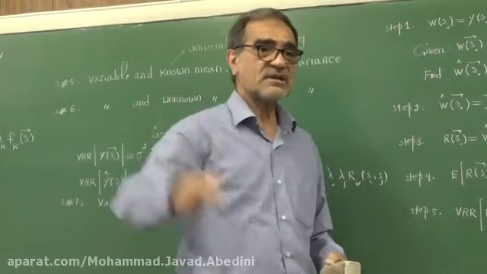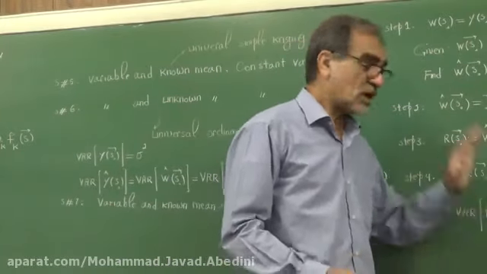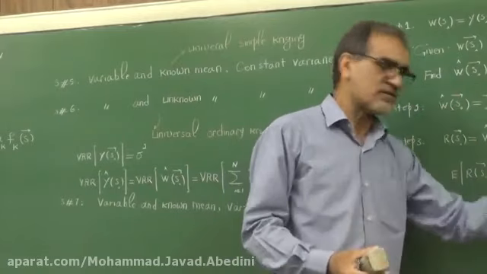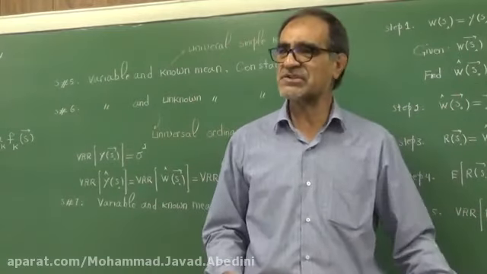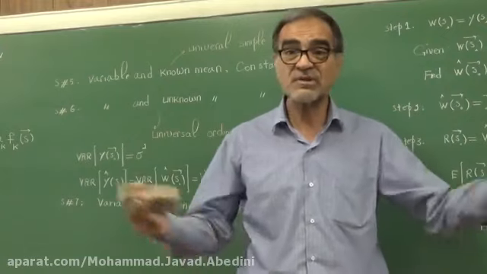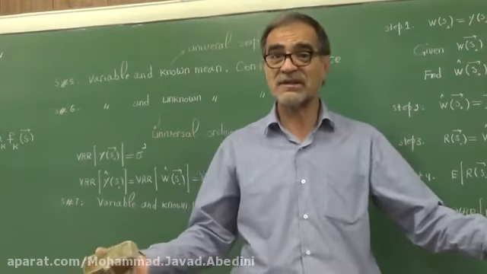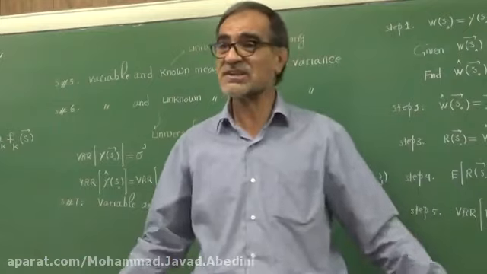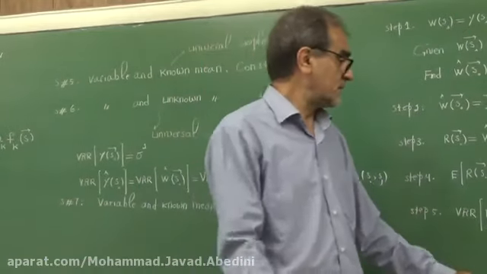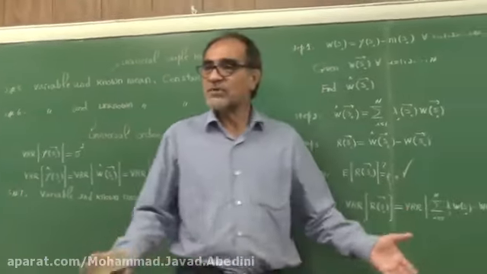See, you are not allowed to say, okay, variance of the residual is going to be a double summation in terms of covariance of W. Why? Because covariance of W is not available, because W is not stationary. What should we do?